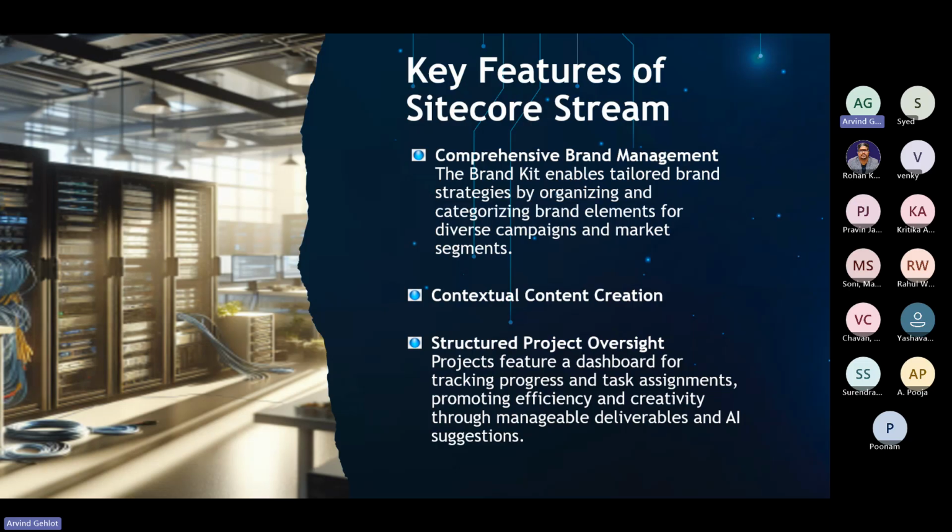Second is contextual content creation. Marketers can interact with the platform by asking simple questions or requesting specific output. For example, marketers can start on-brand content drafts, campaign ideas, or personalized experiences at any stage of the content creation process.